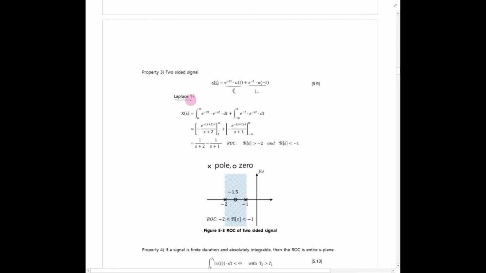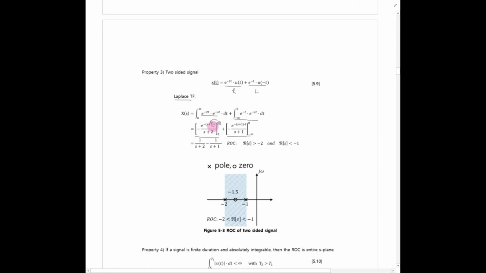Let's take the transform. For the right-sided one, we take the integration from 0 to positive infinity, and for the left side, we take it from minus infinity to 0. The Laplace transform is given that way, but the infinity value is entered here.